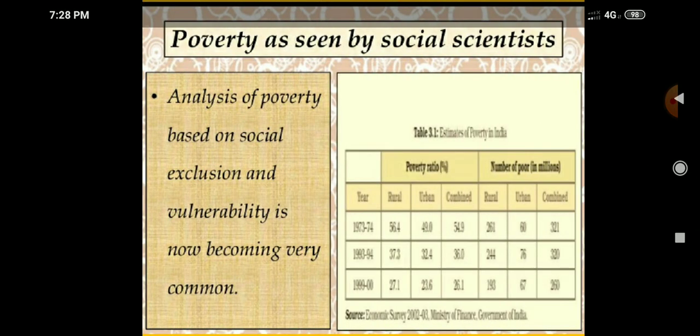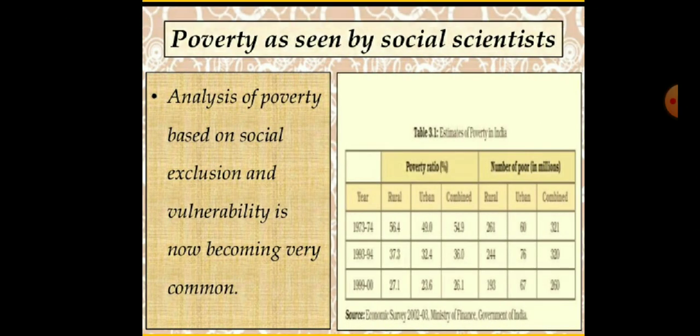Then, analysis of poverty based on social exclusion and vulnerability is now becoming very common. So, social scientists, as we know, use different indicators of poverty, and they use two concepts.